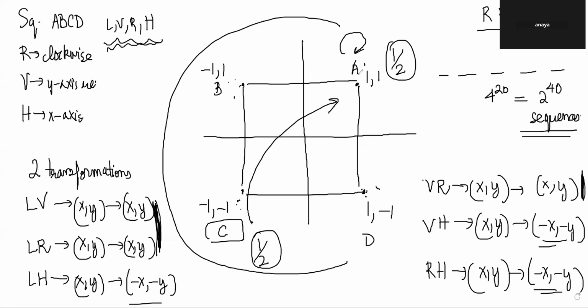How can you end up at A after 4 transformations? You could have been at C and then ended up at A from there. Or you could have been at A itself and ended up at A itself again, right?